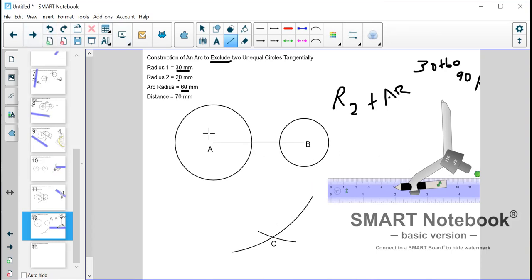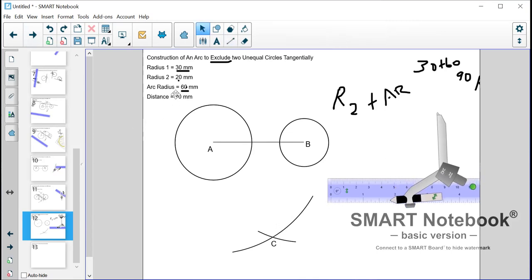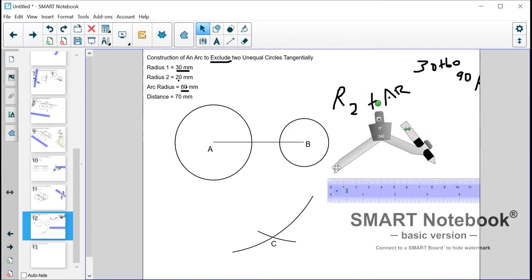Now we would attempt to draw the actual arc from the center. Remember the arc radius is 60, so now we have to open the pair of compasses to 60.